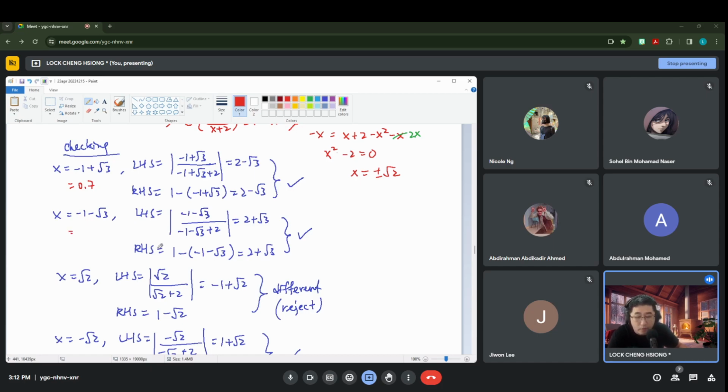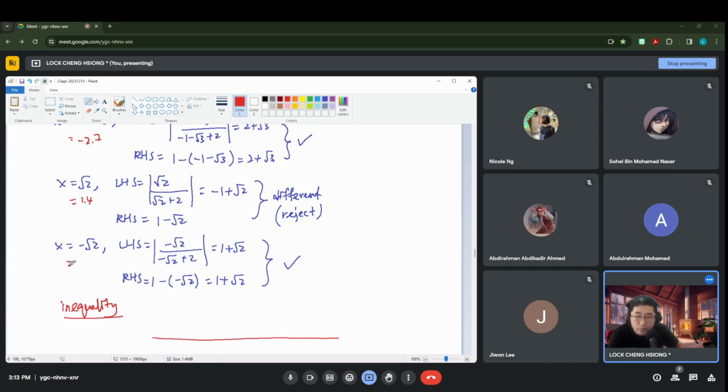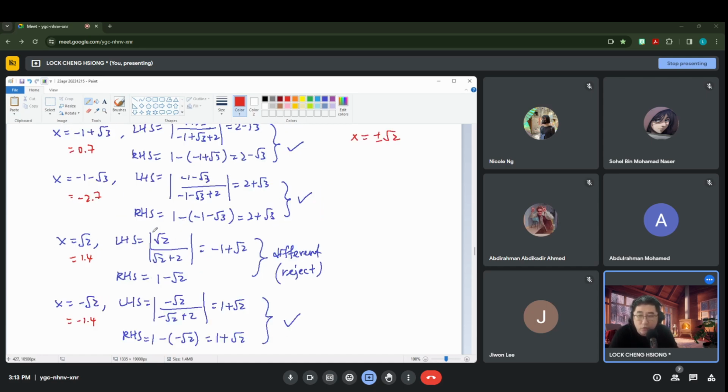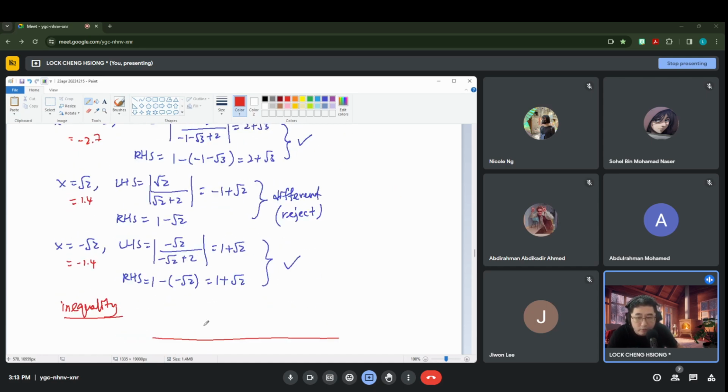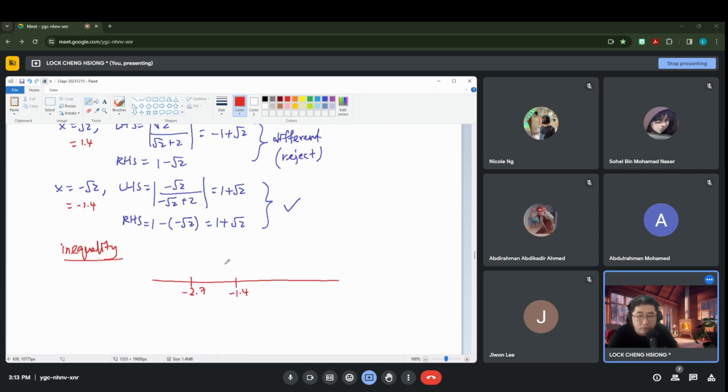This is about negative 2.7. This is 1.4. This is negative 1.4. But 1.4, this one is rejected, so it's not included. So I have negative 2.7, negative 1.4, and 0.7.